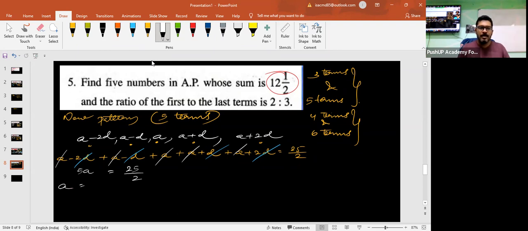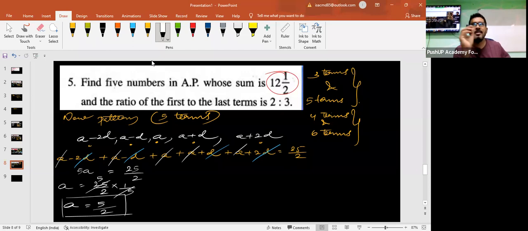So A will be 25 by 2 into 1 by 5. 5 ones are 5 and 5 fives are 25. So what is the first term? Sorry, the middle term. It is 5 by 2. Right? I found the value of A, but A is not the first term. See the general pattern, children. Where is A lying?